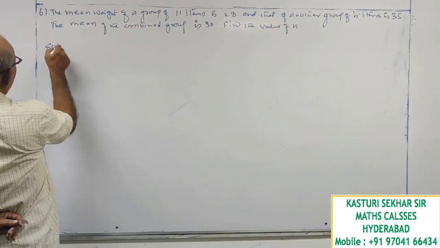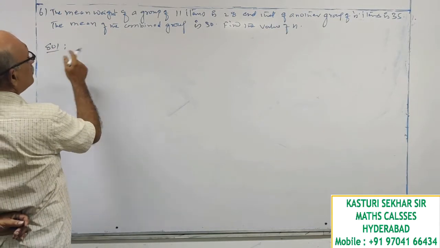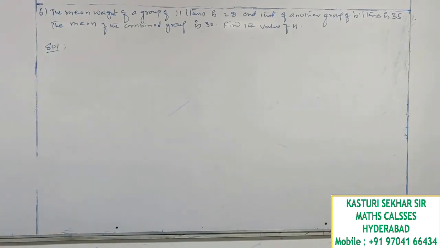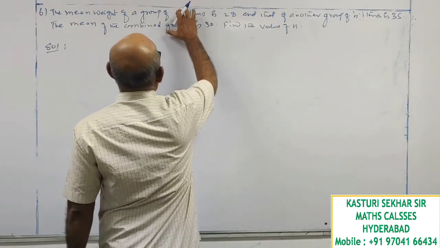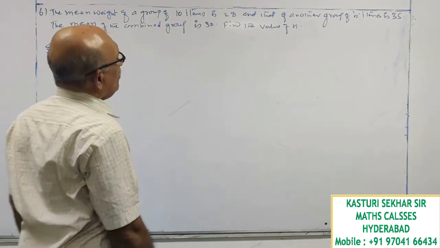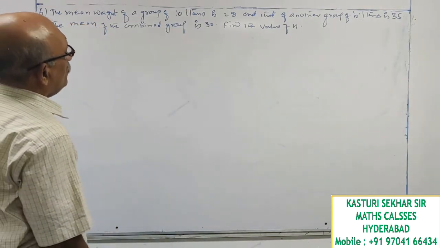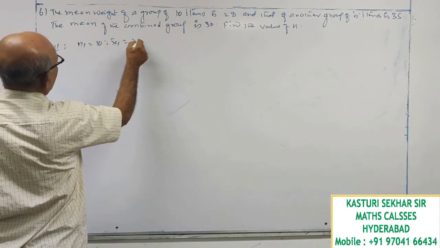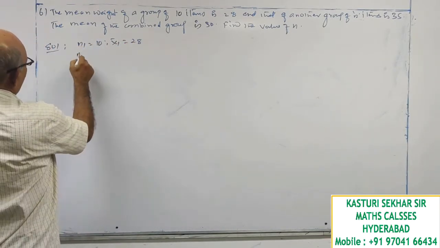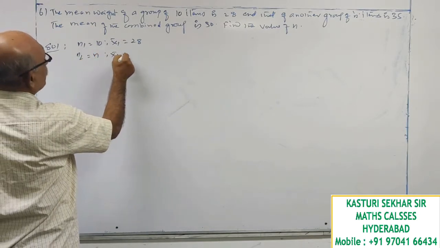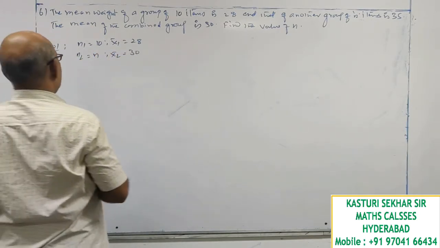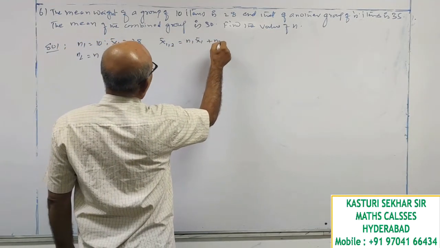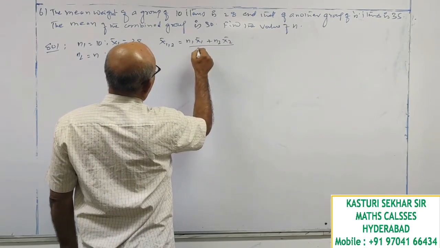Look at the solution, sir. The mean weight of a group of 10 items is 28. n1 is equal to 10, x1 bar is 28. n2 is equal to n, x2 bar is equal to 35. Now the combined mean is n1 into x1 bar plus n2 into x2 bar divided by n1 plus n2.